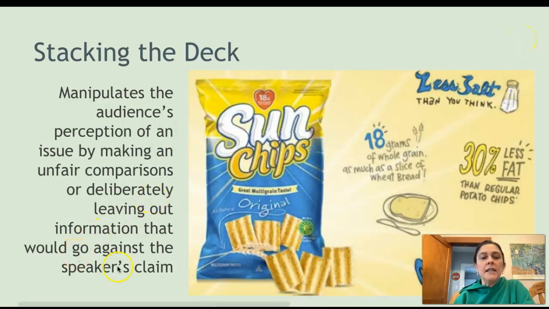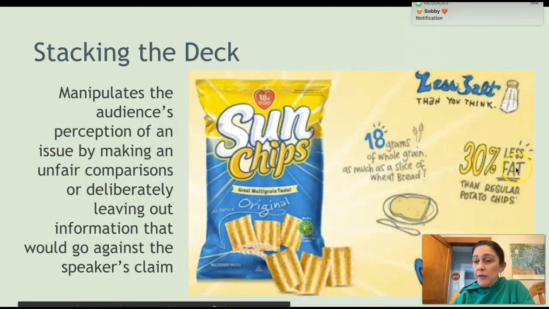And I think that at the end of the day, the claim that they are making here is that their Sun Chips are healthy. They're good for you. That's the claim. But what they do is they leave out the fact that in general, chips just are a junk food. They tell you there are no trans fats, but they don't tell you how much fat.